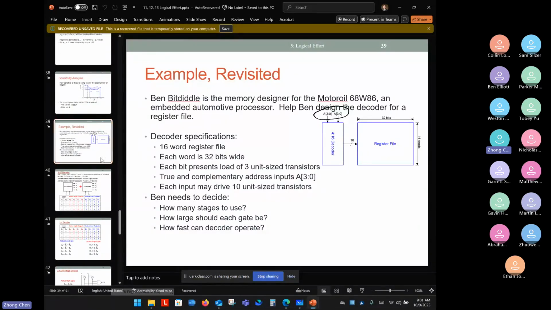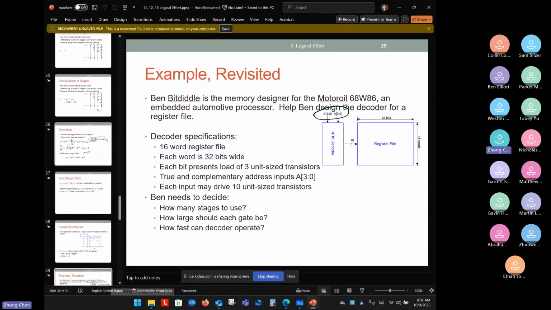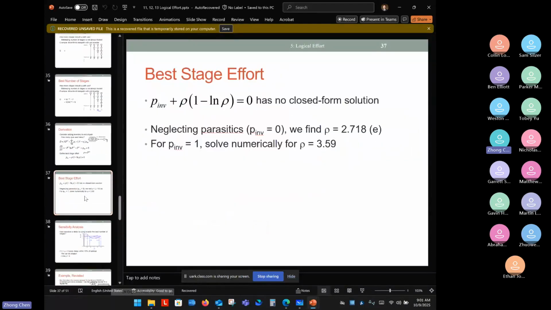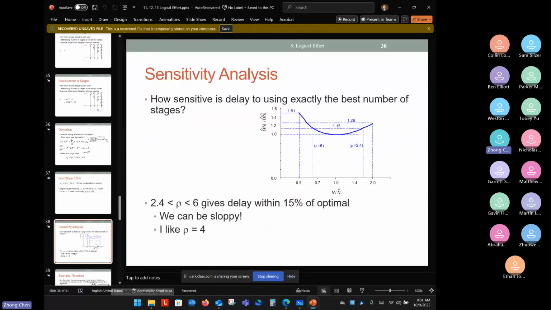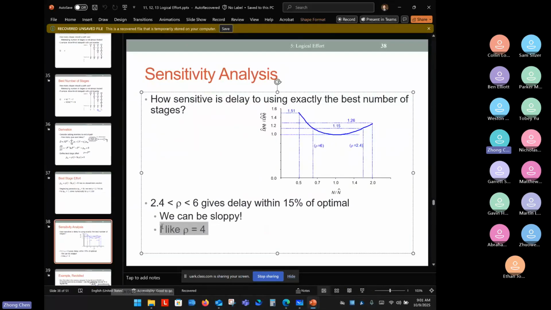Before these examples, we derived a very important conclusion, which is the best stage effort. The best stage effort, rho equal to 4. This rho does not represent the best number of stages.